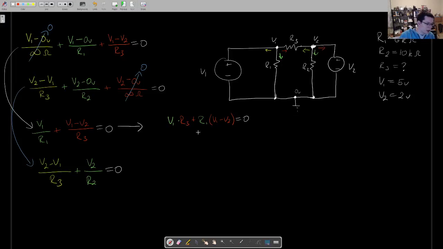Solving for R3, so we're going to do R3 equals V2 minus V1 times R1 divided by V1.